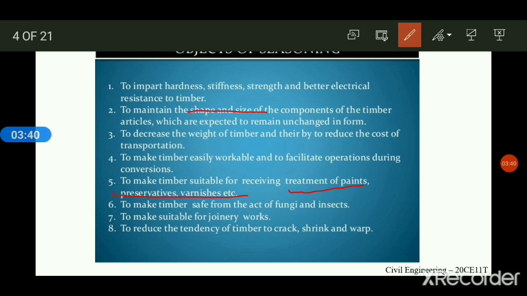If it is seasoned, that means totally dried, it will be safe from fungi and insects, and reduce the tendency of the timber to crack, shrink, and warp. So these are the objects why seasoning has to be done.